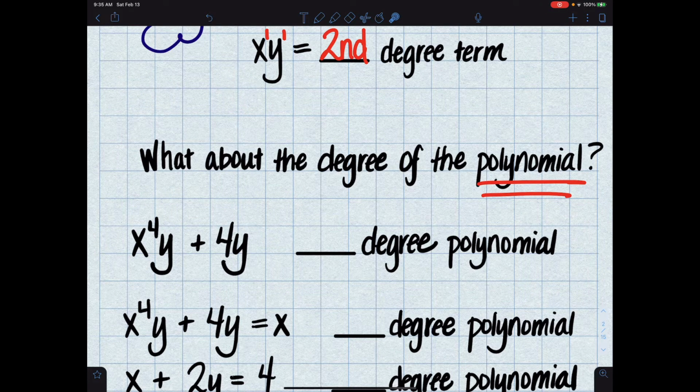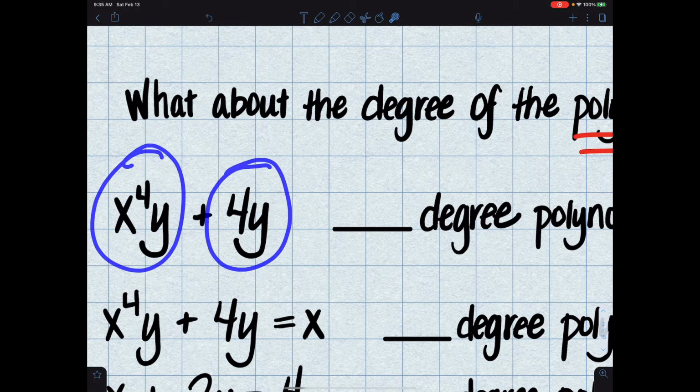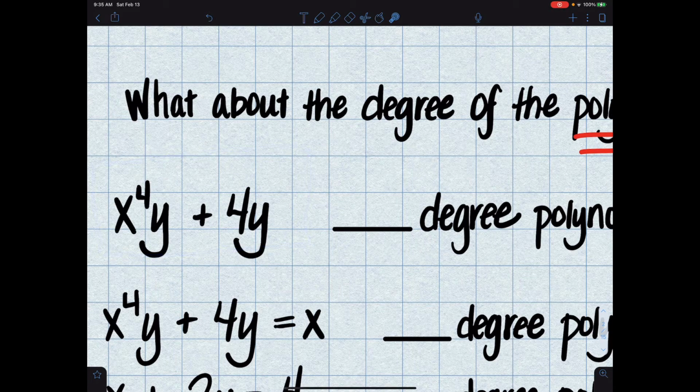Does that make sense? Remember that? All right, so let's do a couple of these just to dust off those memories. We'll start with this. This is the entire polynomial right here. So we're going to look at each term. This one has a 4 and a 1, so that's going to be a 5, and this one just has a 1. So this is going to be a fifth degree polynomial.